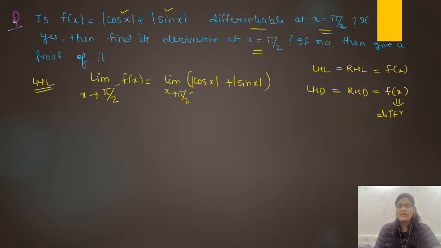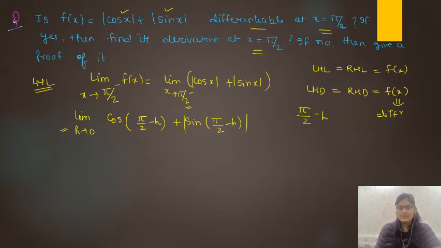Now you need to consider a small h tending to 0, so you will take x as pi by 2 minus h, where h is very small, h tends to 0. Now substitute: in place of x put pi by 2 minus h, cos(pi/2 - h) plus sin(pi/2 - h), and the modulus of that.